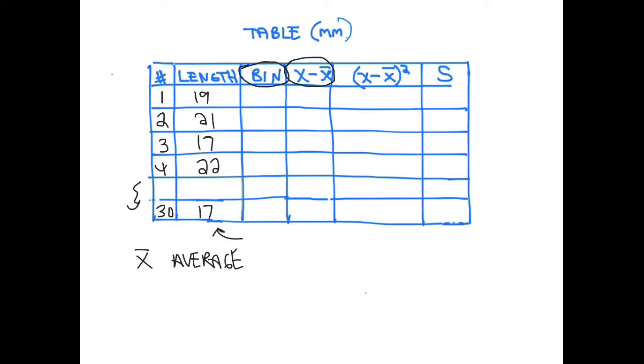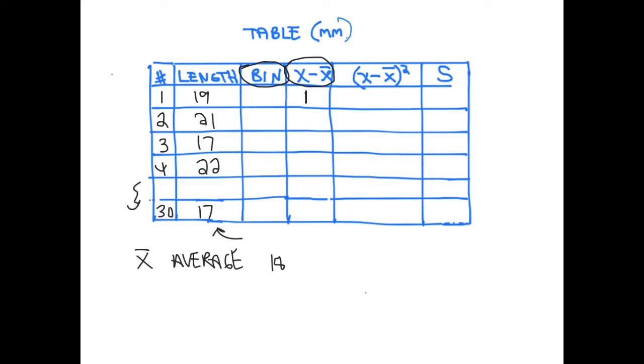So let's say I go through this and my average value is 18. So my average is going to be 18. And so x minus x bar, the first one would be 19 minus 18. That would be plus 1.